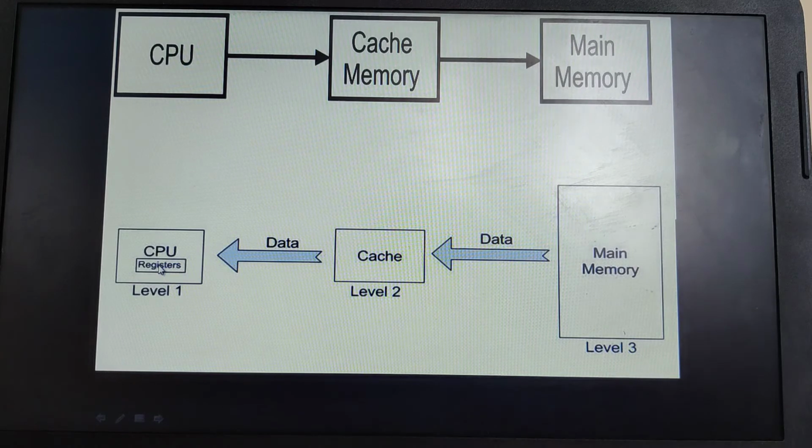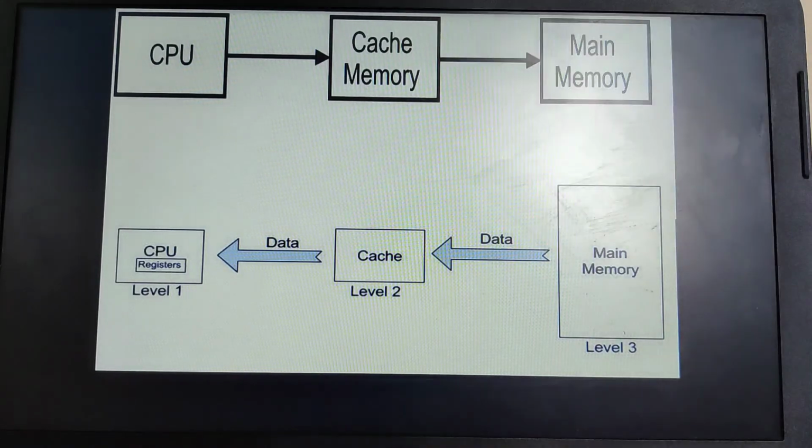I hope you remember the levels of memory we have discussed. The fastest data transfer memory in computers is the register, then the cache memory, then the primary memory, then the hard disk, then the magnetic tape, isn't it? So the registers are considered the first high speed temporary storage memory because they are within the CPU.